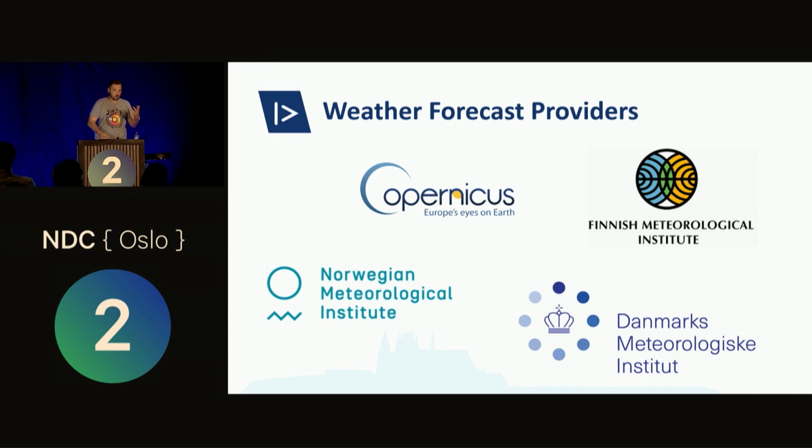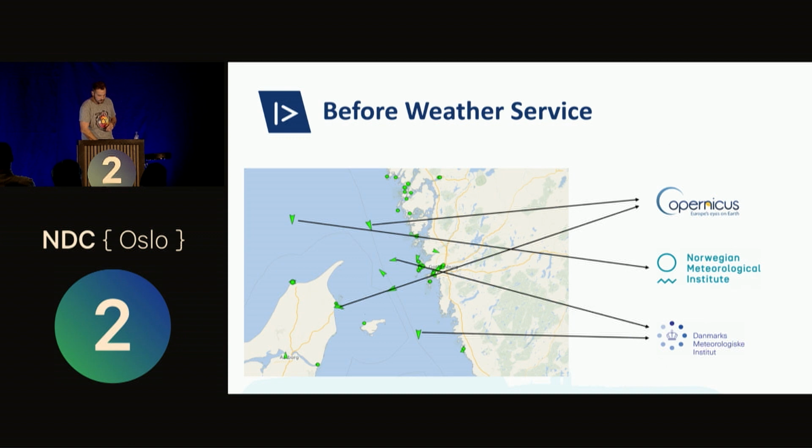Initially, before me and my F-sharp team jumped into this project, each vessel had its own instance of Fuel Pilot and its own instance of some, let's say, service that was calling the forecast providers separately and using the data.